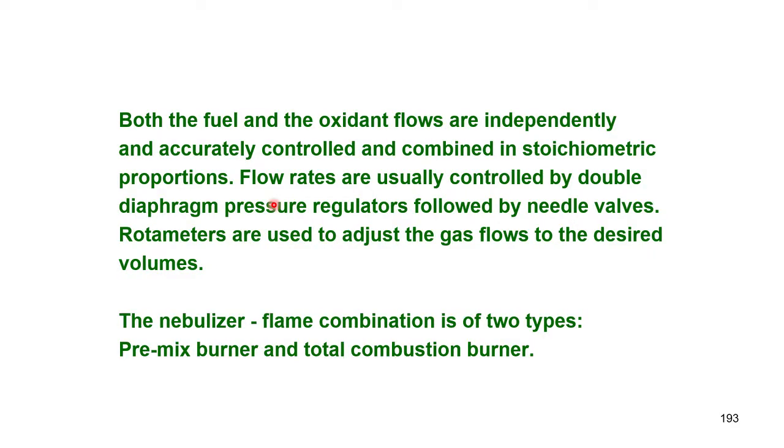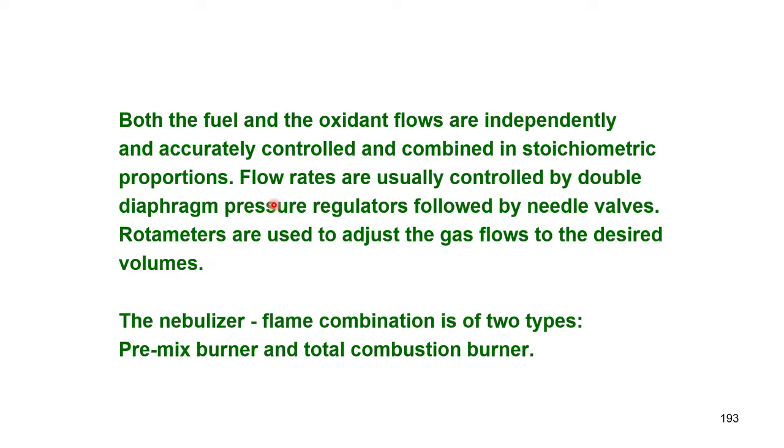It can be LPG, and here we use acetylene. Air acetylene is the mixture, fuel is the acetylene, and oxidant is the air. So, we can change the fuel and oxidant in different conditions to suit different applications, that we will see later also. Both the fuel and oxidants are independently and accurately controlled.